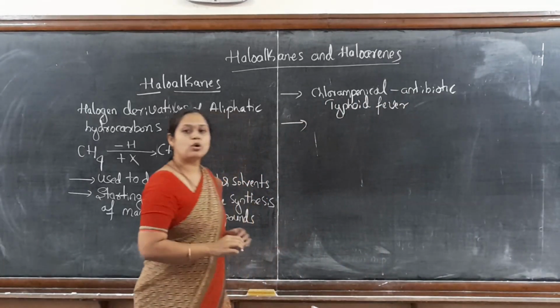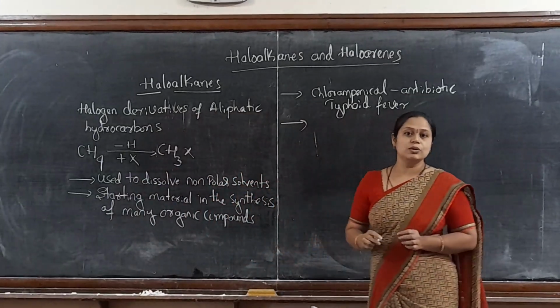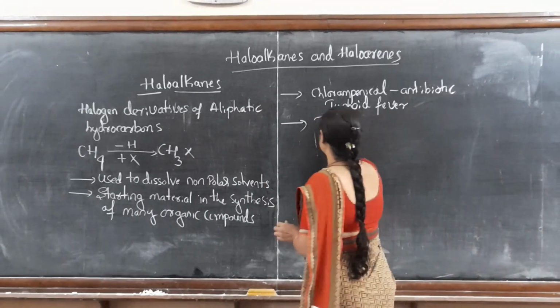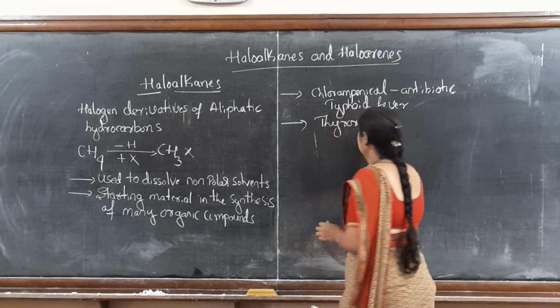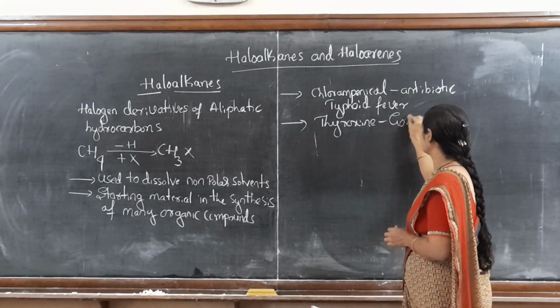And our body produces an iodine-containing hormone, thyroxine. Deficiency of this thyroxine causes goiter.